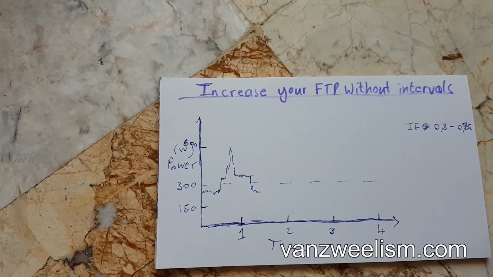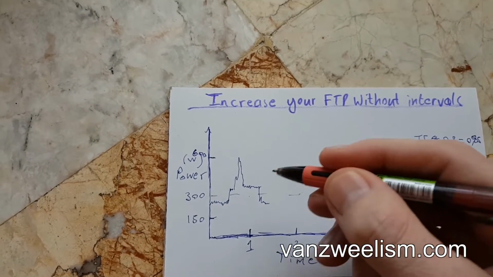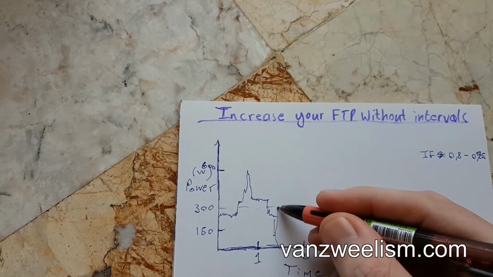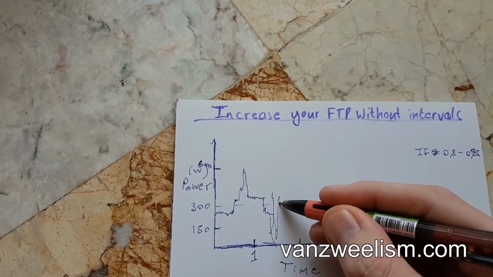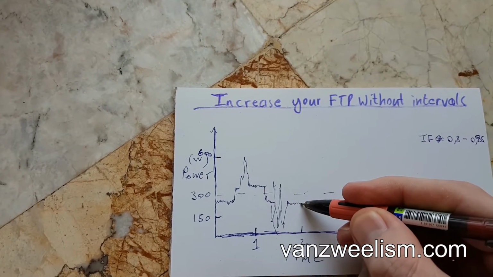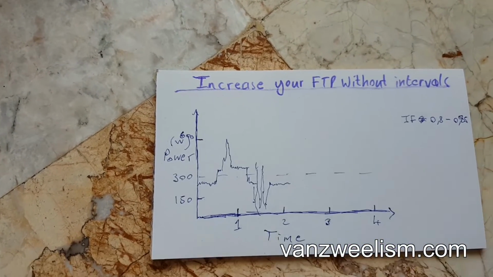And then they hit the downhill and it drops down to nothing. Maybe it peaks a little bit, and then they hit the flat road and they might be under threshold because they're sitting in the bunch.